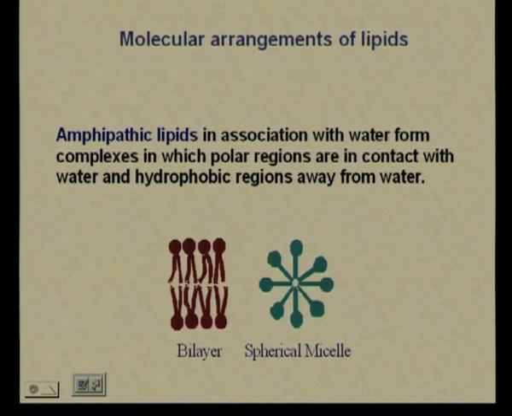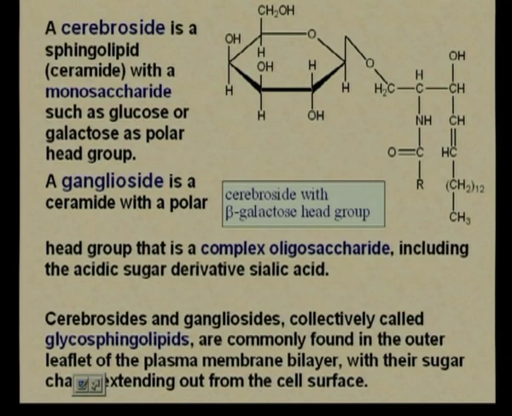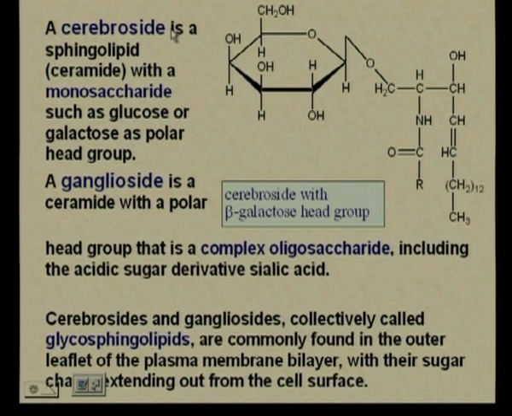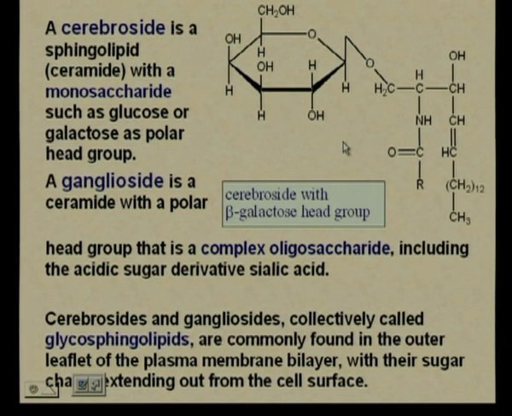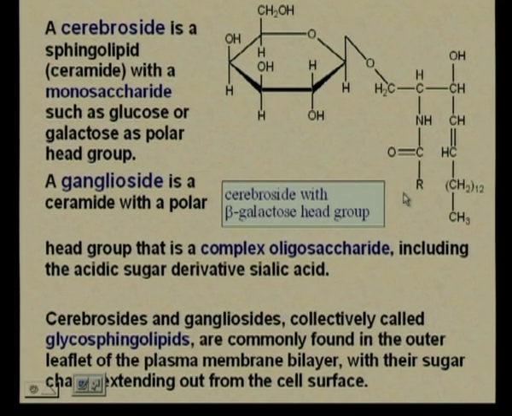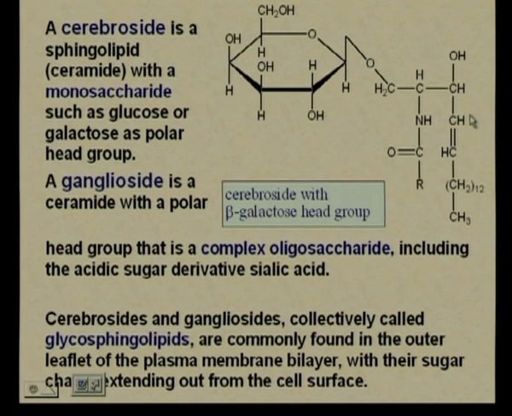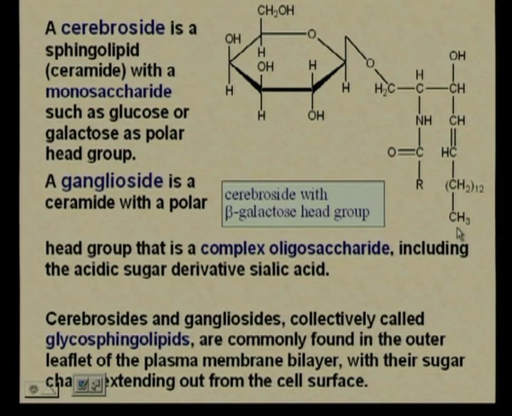Okay. Now, if we just go back to this once more, when we have a cerebroside or a ganglioside, some structure like this, forming a micelle, then we have a long fatty acid chain at the R group. We have another long hydrocarbon chain in the sphingosine moiety, because of the sphingosine structure itself.